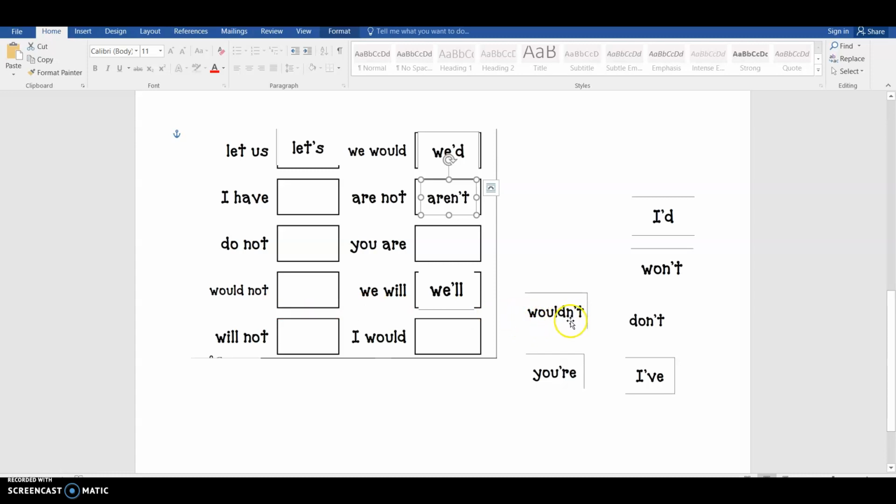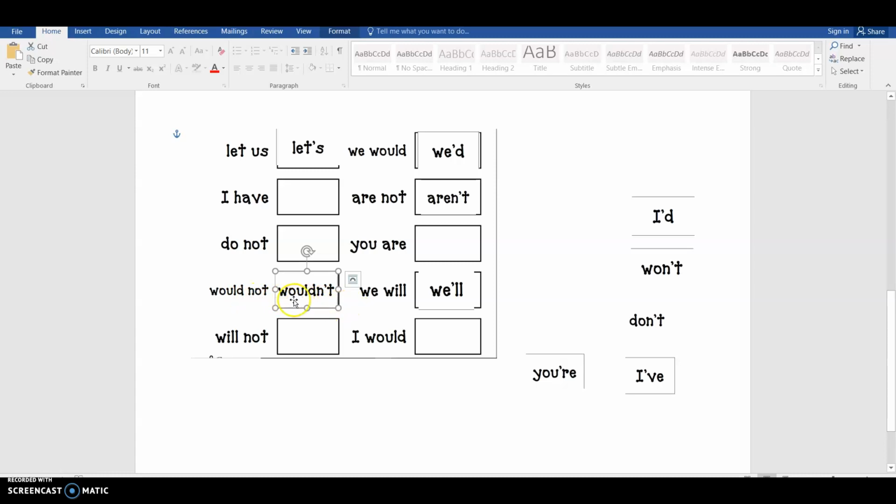Okay, whenever you see N apostrophe T at the end of a contraction, just know that that means not, and that apostrophe is taking the place of the O. So I'm going to click it and I'm going to drag it over here. Would not is the same as saying wouldn't. Or if you say wouldn't, it is the same as saying would not, okay?